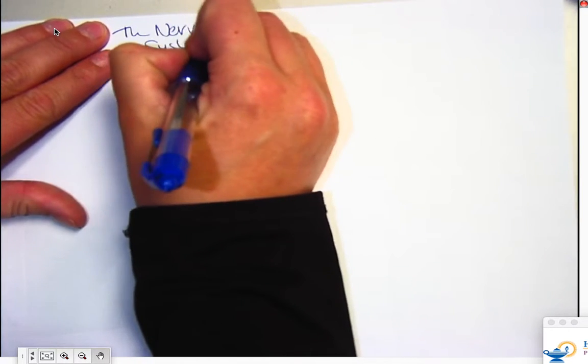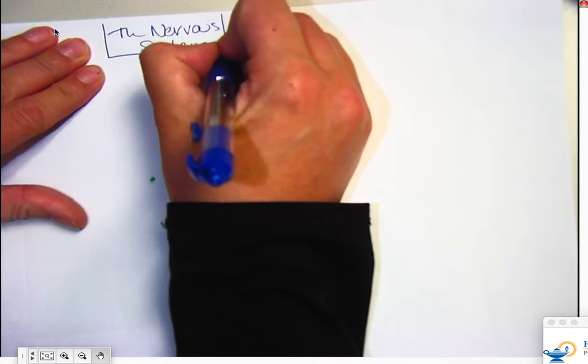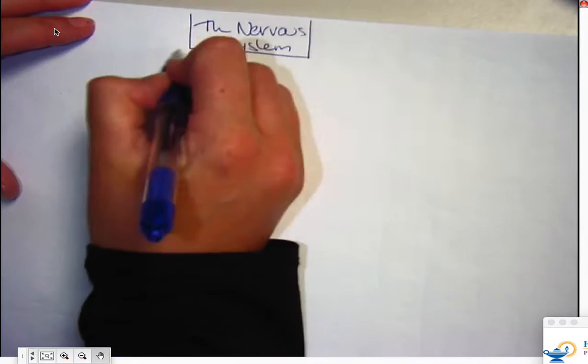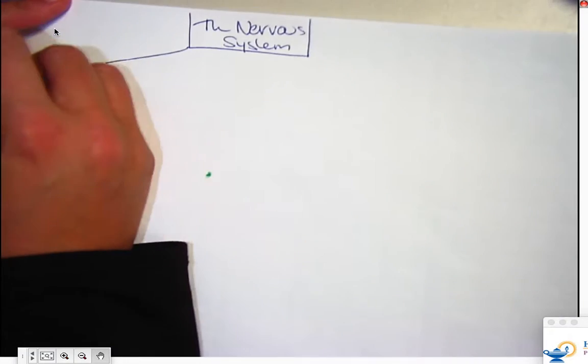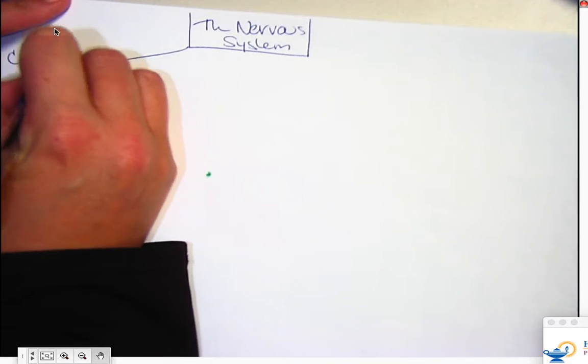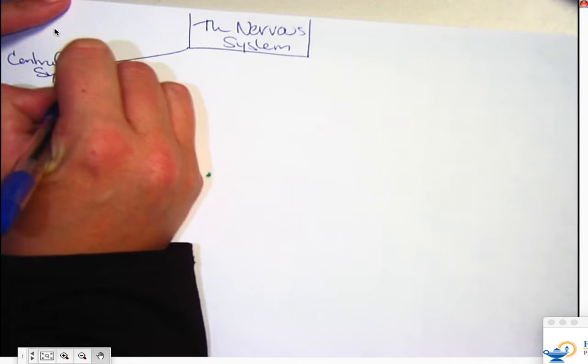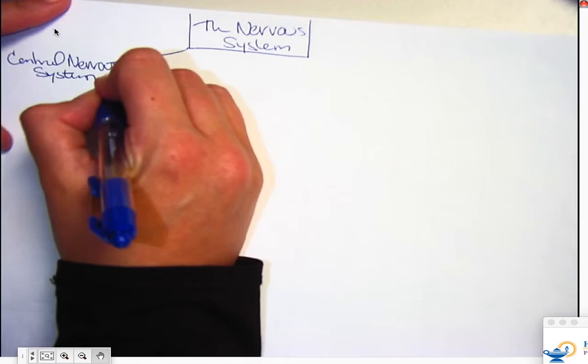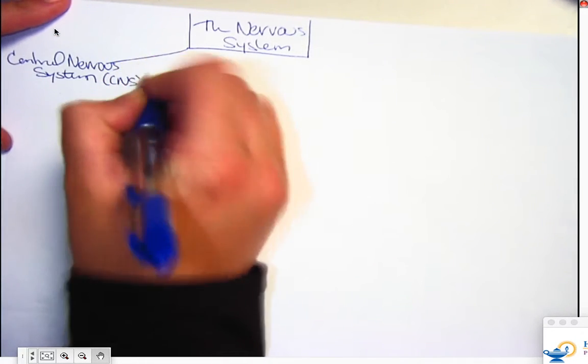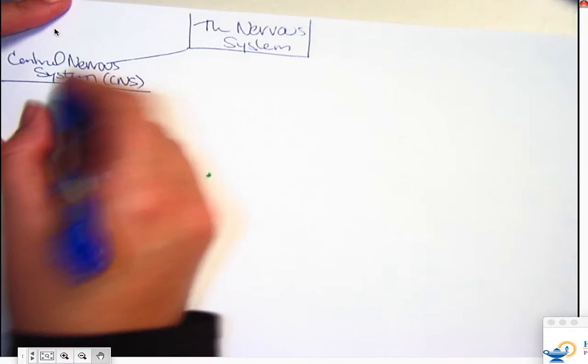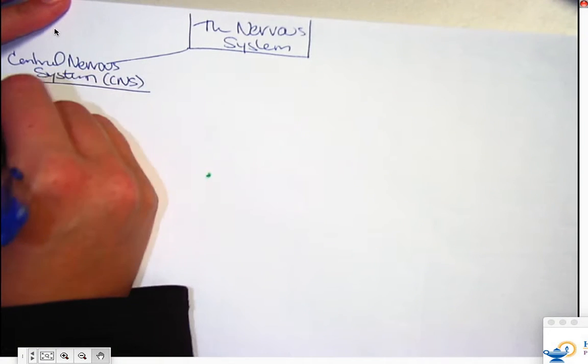Now, the nervous system has two major components. The first one is your central nervous system, also known as the CNS.